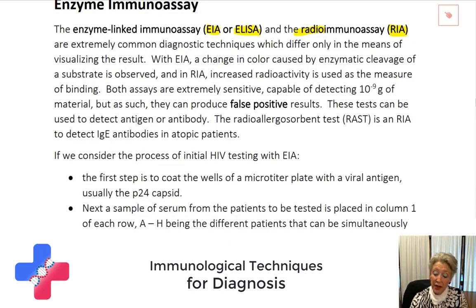And indeed, if they have a fault or a flaw, it's that they produce false positives, because they're capable of detecting 10 to the minus 9th grams of material. So usually you'll find these assays paired with an insensitive assay in order that if both of them are positive, I have a fairly good degree of security that it is a true positive and not a false one.